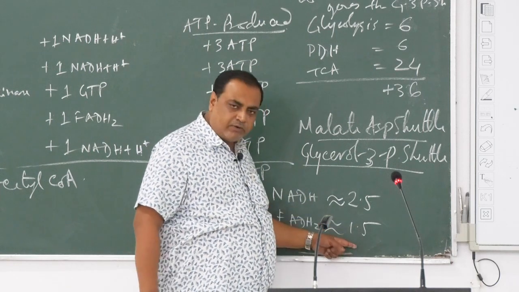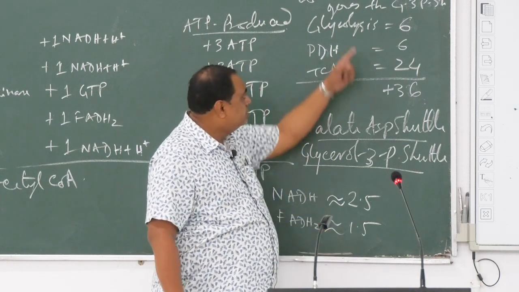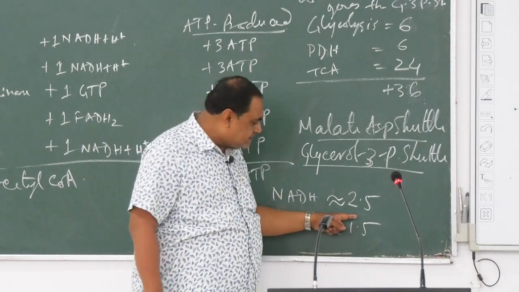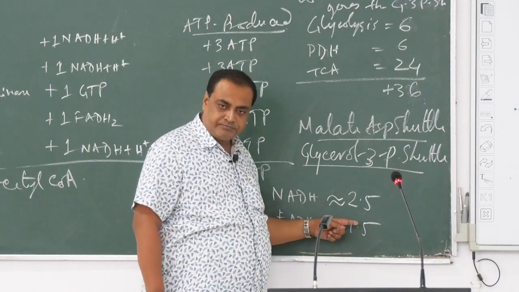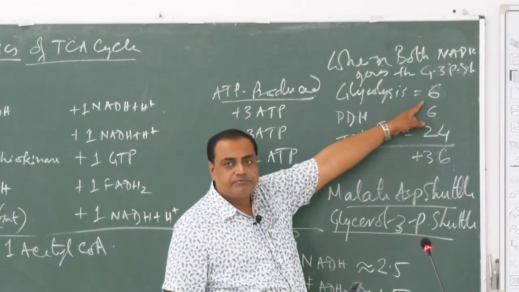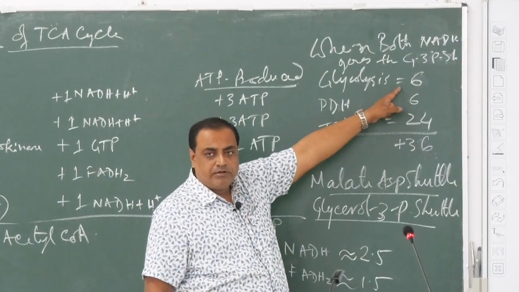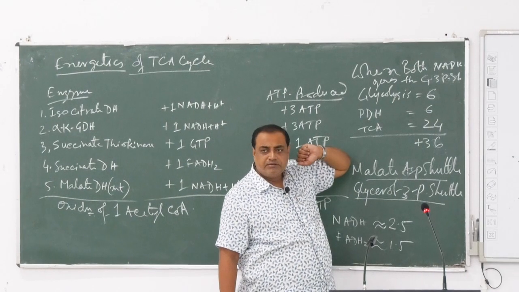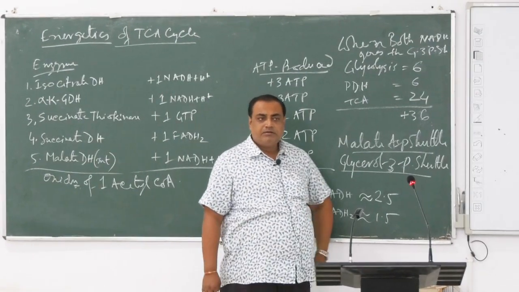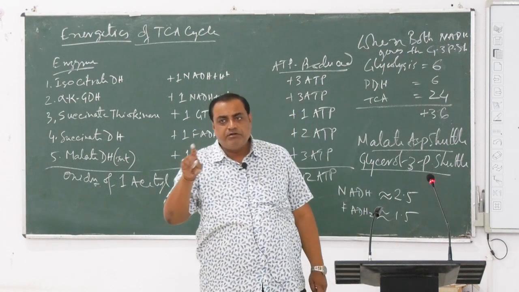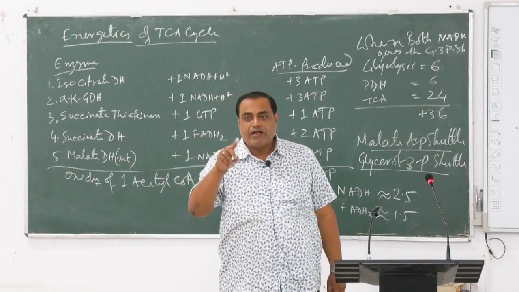We have to consider this one or this one. Fine? Either of these. So, let us consider this one first. In glycolysis it will produce 8 ATPs. So, 8 will become how much? 2 plus 6 is equal to 8, but instead of 6 now it will produce 5. So, 5 plus 2 it will be 7.